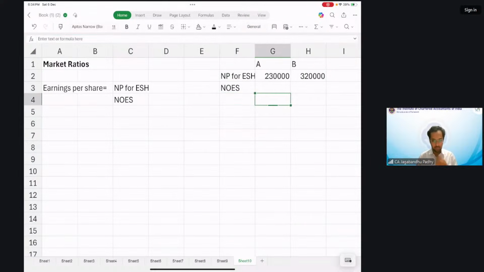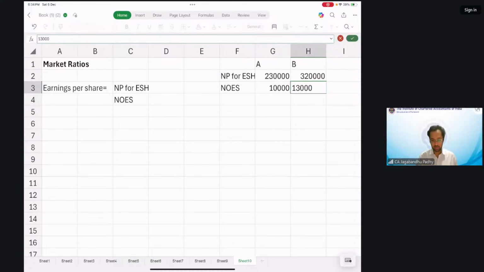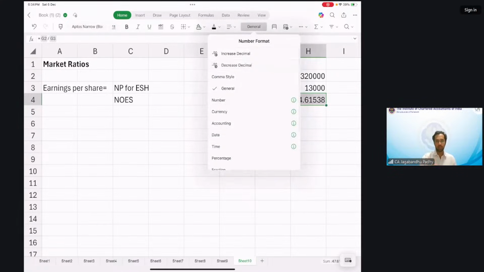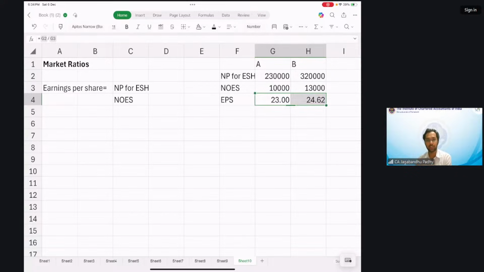So let's say if we have number of equity shares here as 10,000 and here it is 13,000. So we can definitely say on a per share basis, we are earning 23 and 24.61 or 24.62, right? That's your earnings per share.